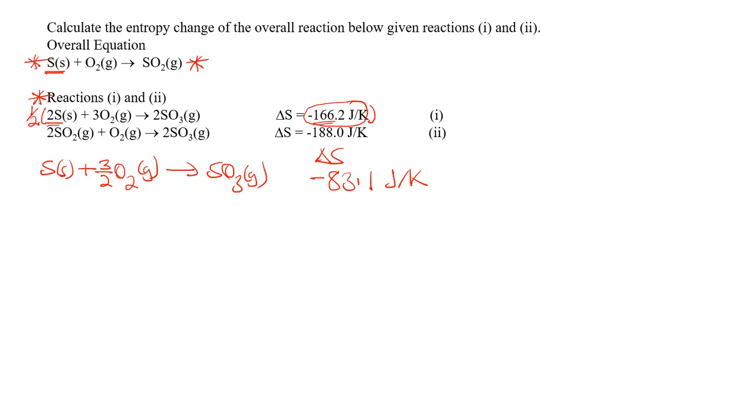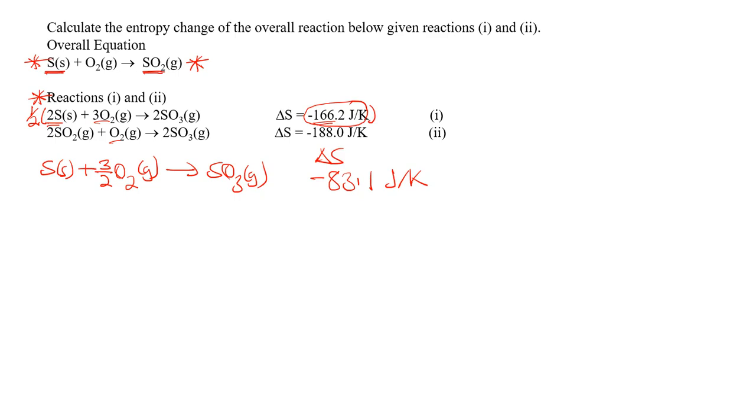Now what else do you look at? The second thing you look at, for now, ignore the oxygen, because we have oxygen on both equations here. So for now, ignore the oxygen. Look for SO2. Here we have 1 SO2, here we have 2 SO2.